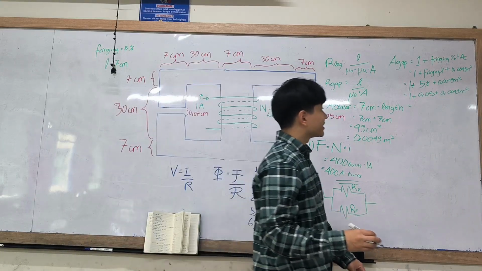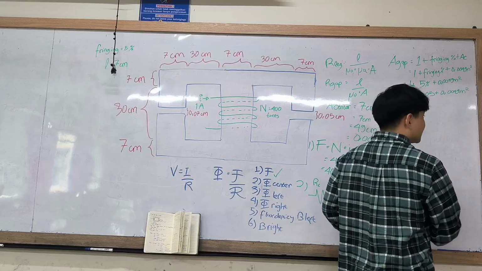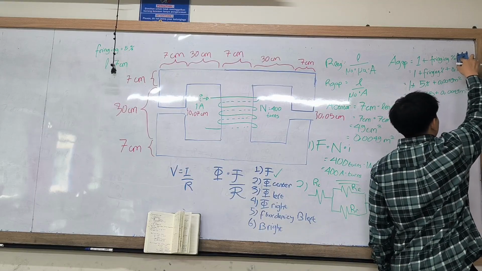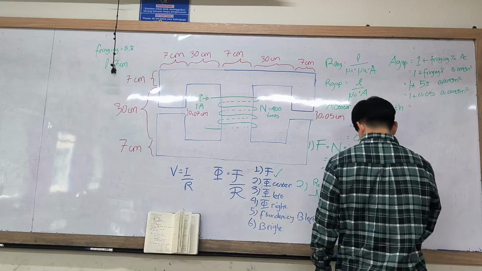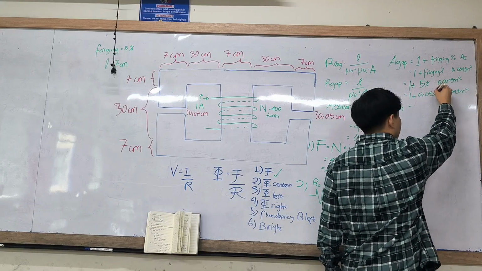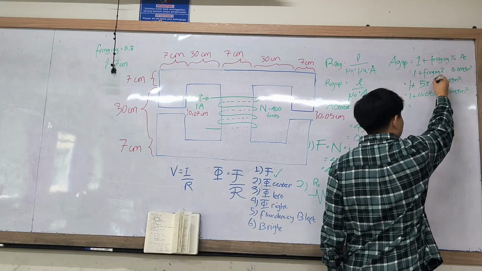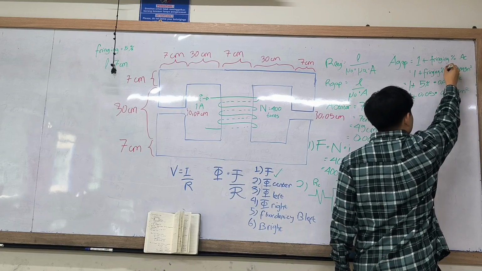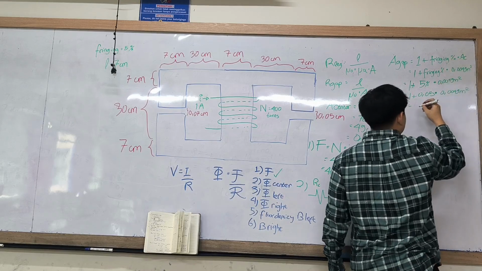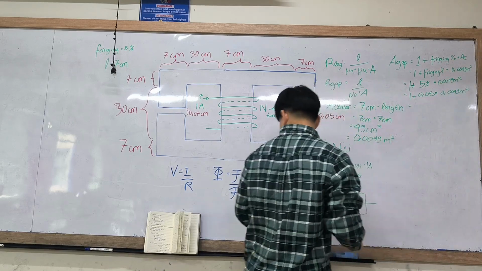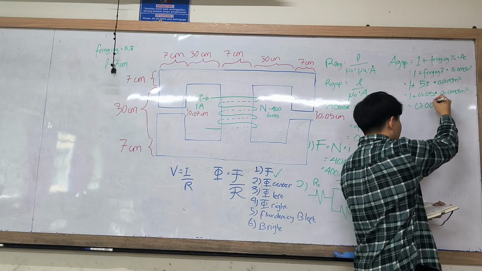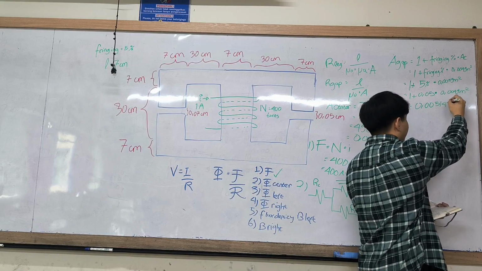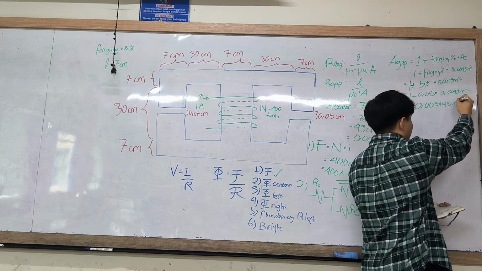I'm sorry, there has been a mistake. It's supposed to be multiplied, not plus. The result would be 0.00545 meters squared.